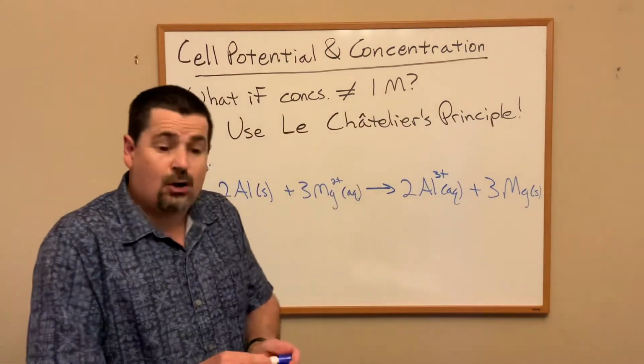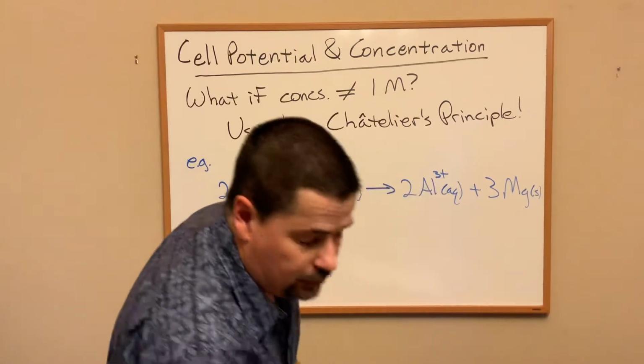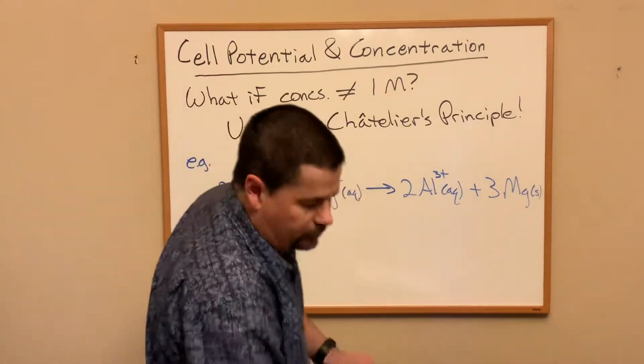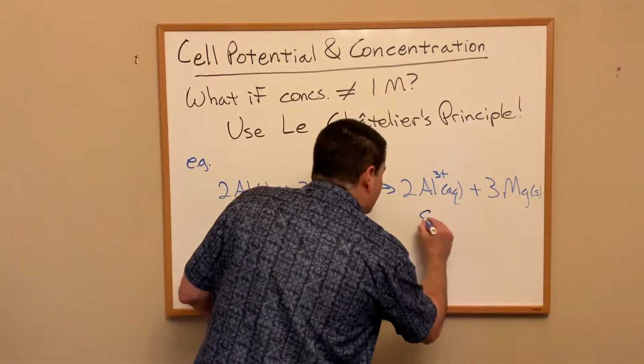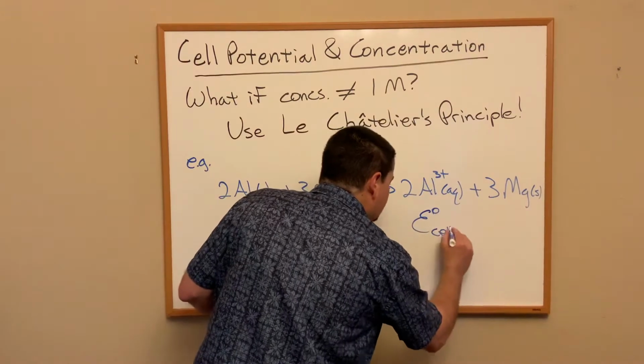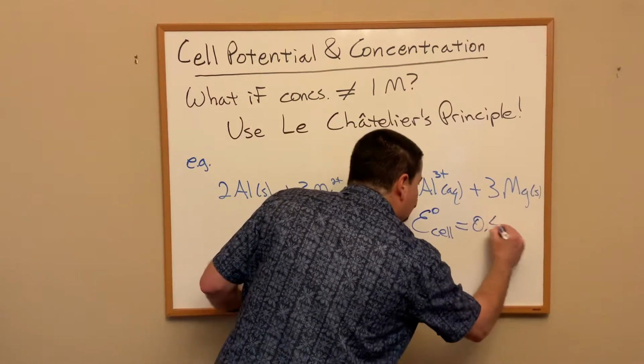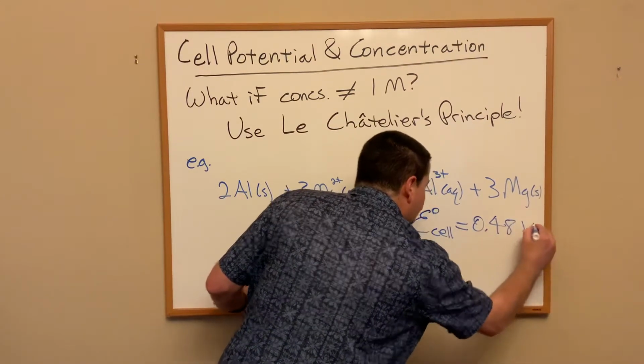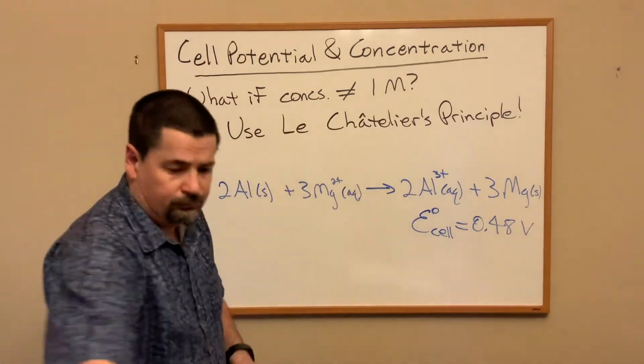And in this case, our cell potential is 0.48 volts. So E naught cell equals 0.48 volts.